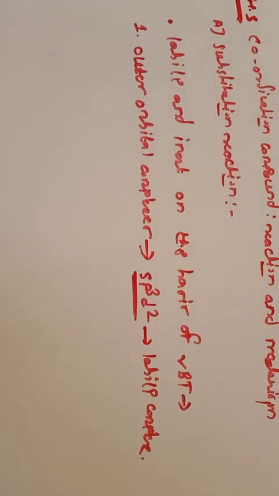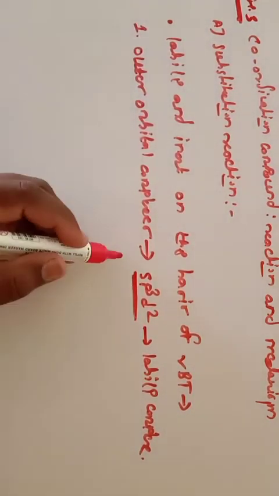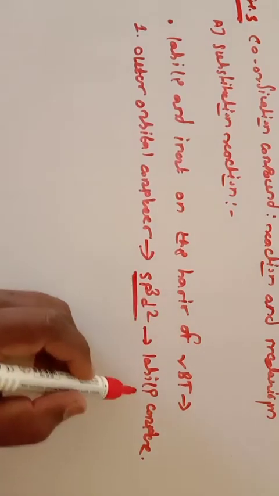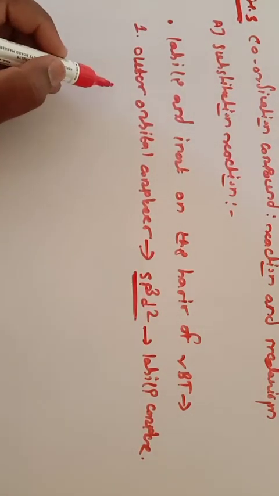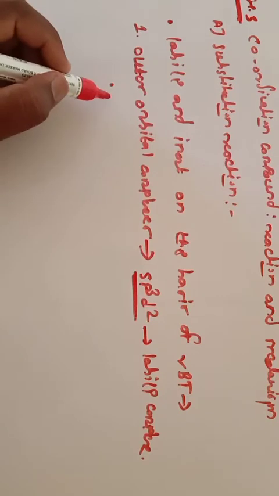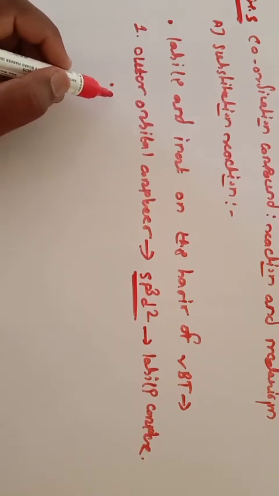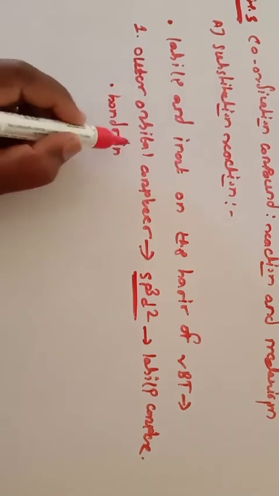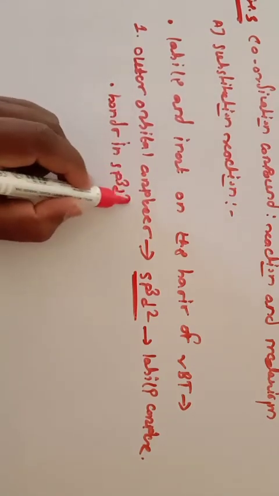This VBT proposes that the bonds in sp3d2 hybridization are generally weaker than in d2sp3 hybridization. So what is the reason why these outer orbital complexes, or the complexes which show sp3d2 hybridization, are labile?